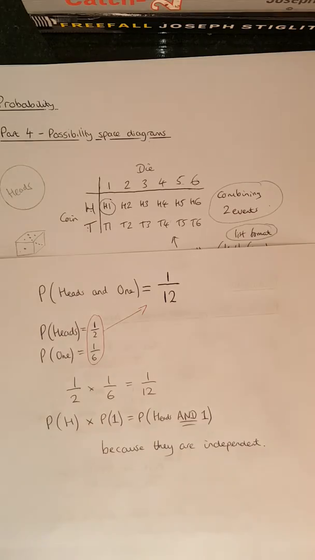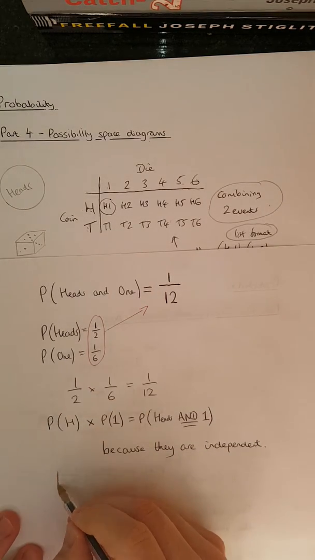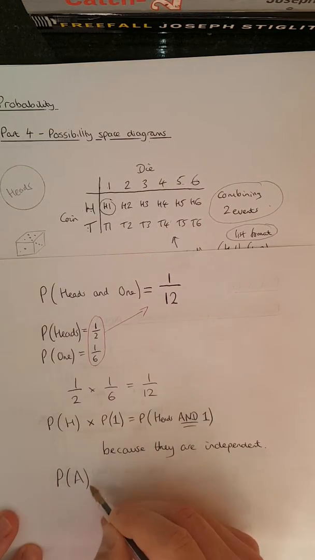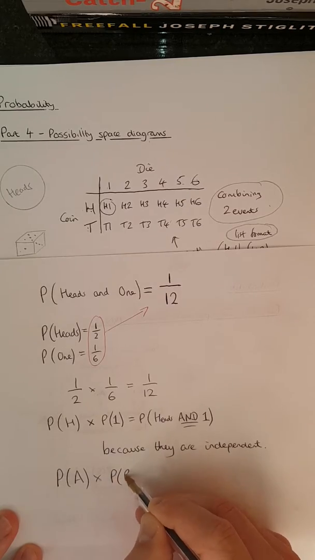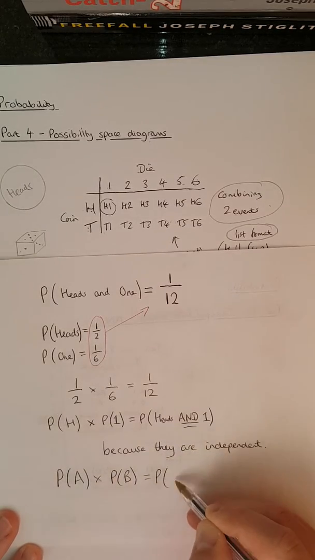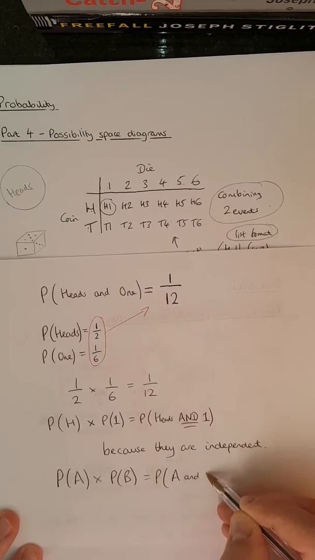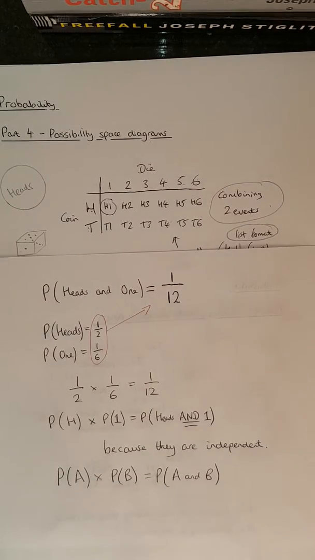So we can see here, for a pair of independent events, the probability of A times the probability of B equals the probability of A and B.